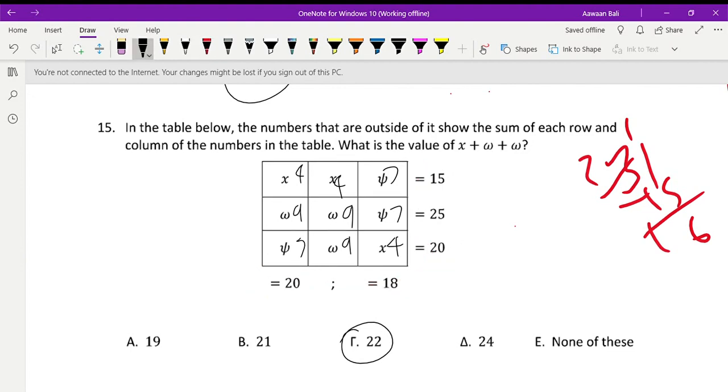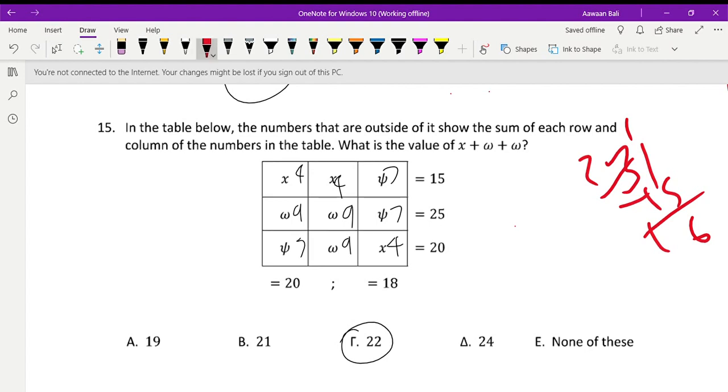And also the thing about this is, since none of them are lined up, if we had x, x, x all lined up, and it said 15, we could just do 15 divided by 3 is 5. But here there are no cases like that, so we have to do pure trial and error.